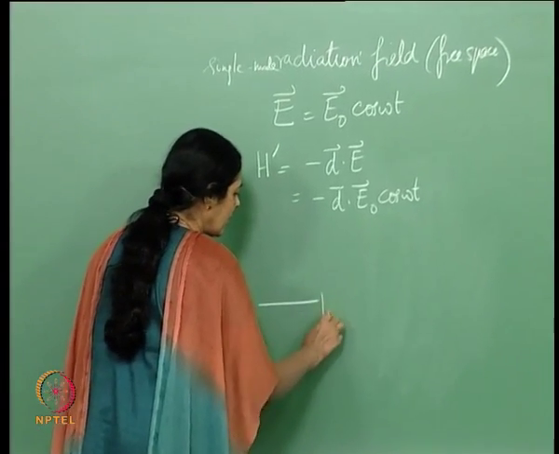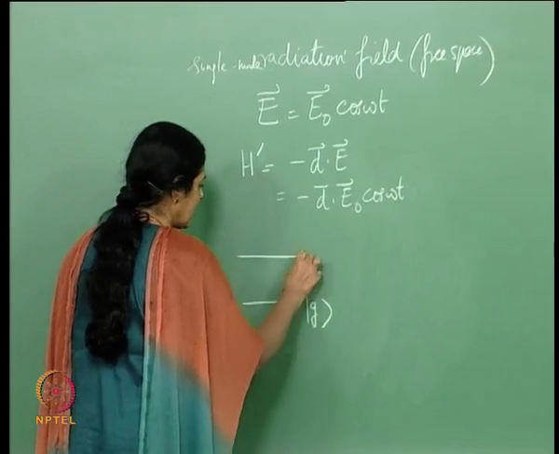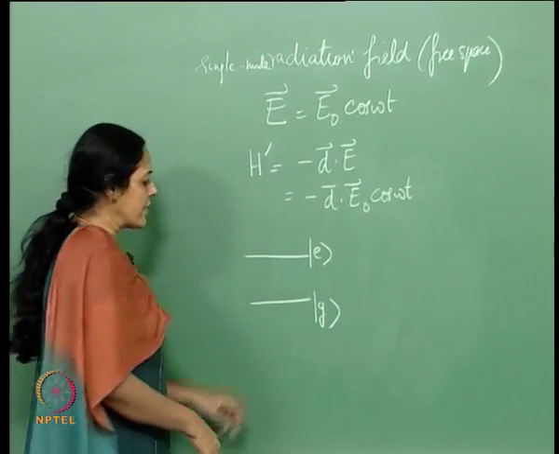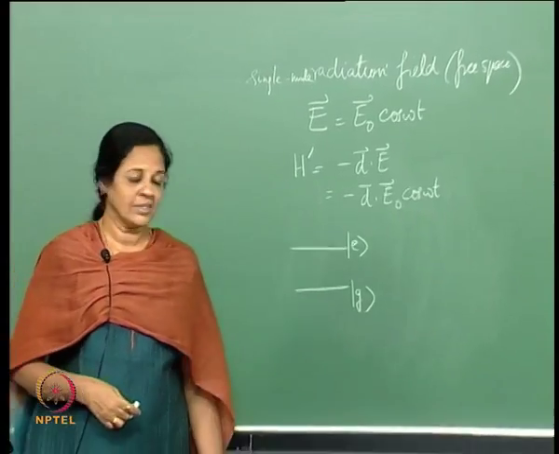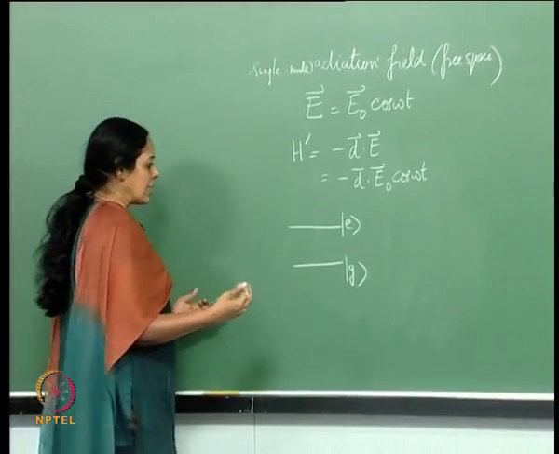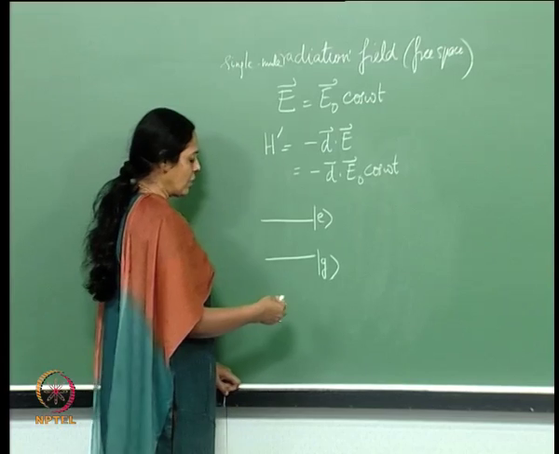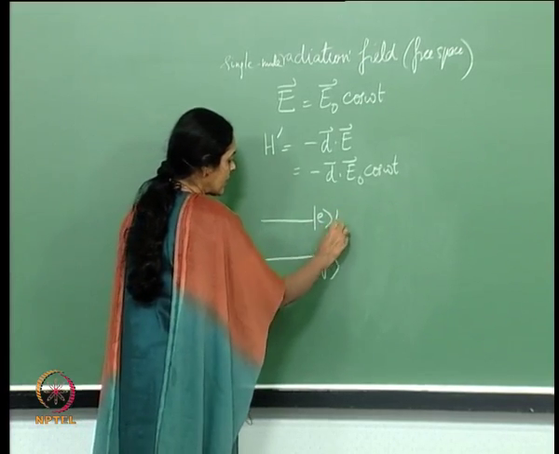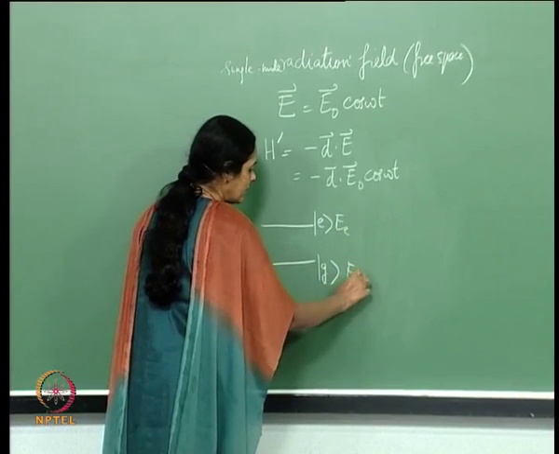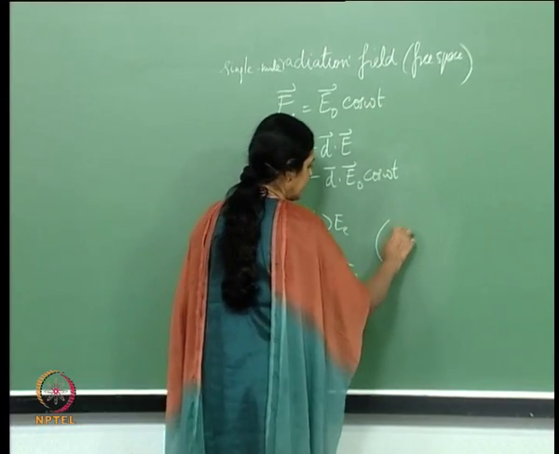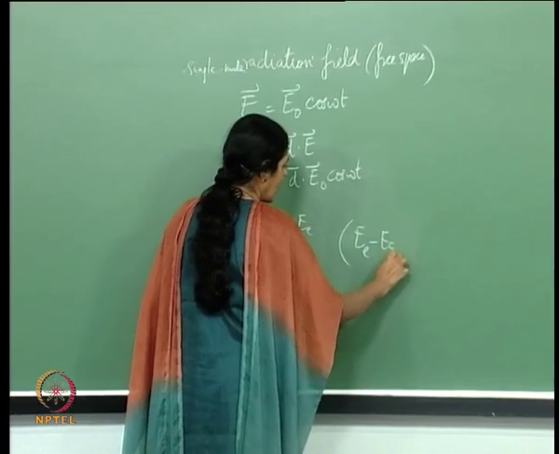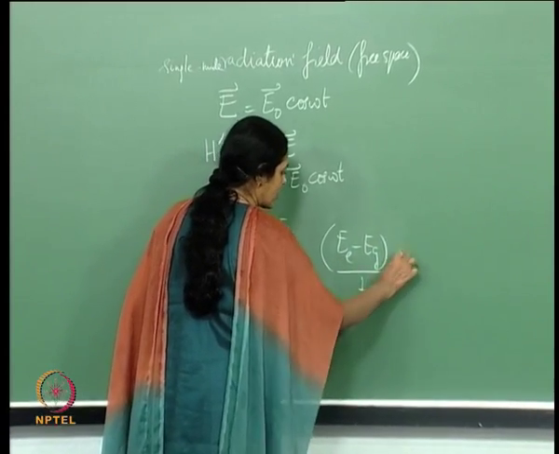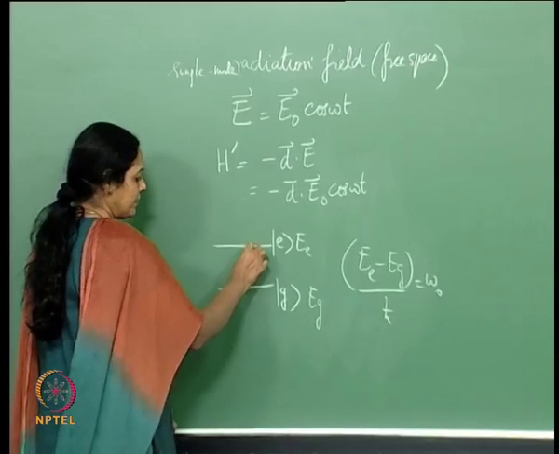I have an atom which can be treated essentially as a 2-level atom, for the reason that I told you a little while ago, because if this energy is E and this is Eg, E minus Eg by H cross is omega naught.